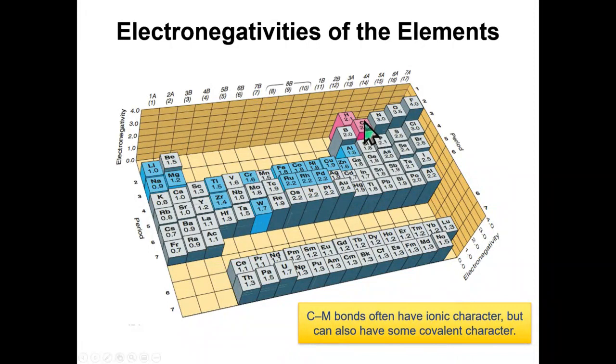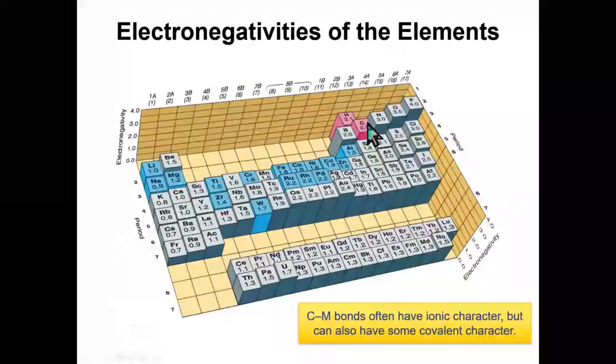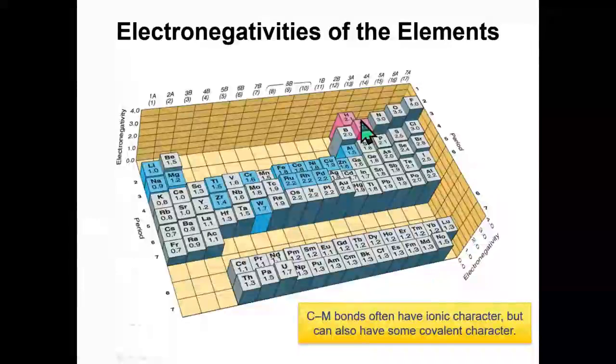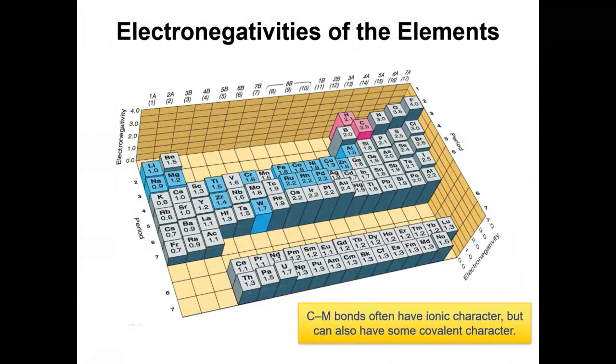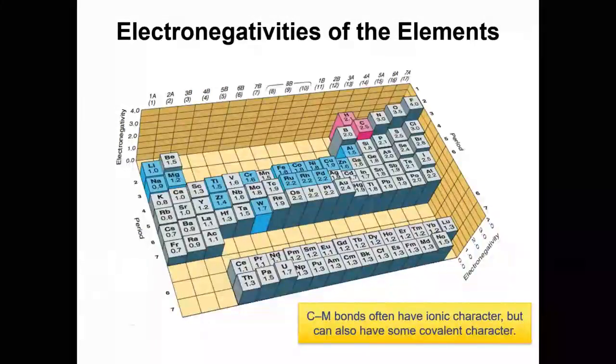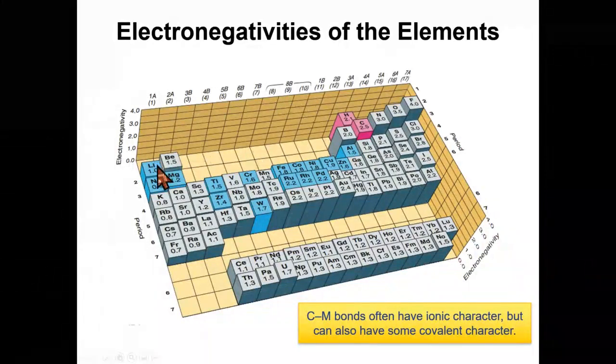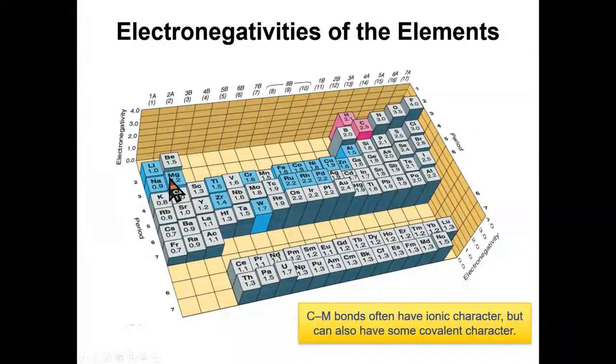And a carbon-copper bond is kind of different. The electronegativity difference is only about 0.6, so we consider it more like a covalent bond. But the carbon-lithium and carbon-magnesium bonds we can approximately consider ionic, where the carbon is negatively charged and the lithium and magnesium are positively charged.